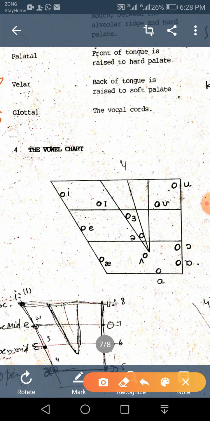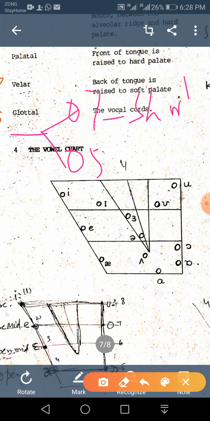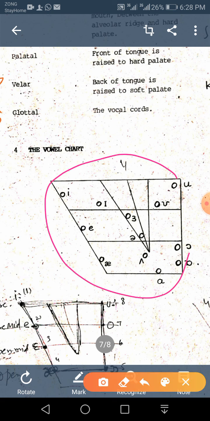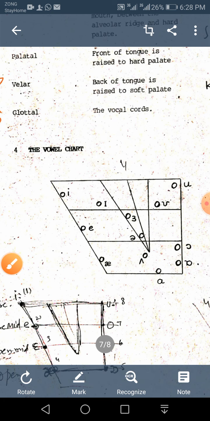Mono means single sound, and diphthong means double sound. Monophthongs are further divided into 7 and 5: 7 are short vowel sounds and 5 are long vowel sounds. This chart represents only the 12 monophthongs. I'll explain it later when we study unit number 3 on vowels.